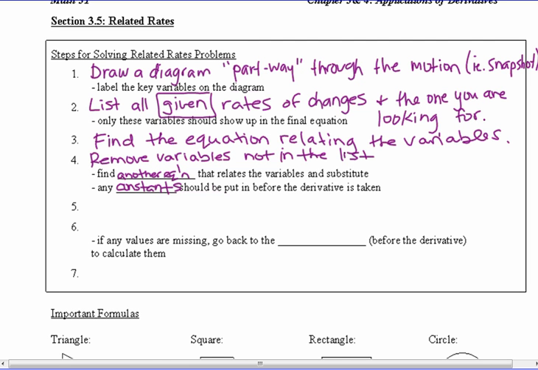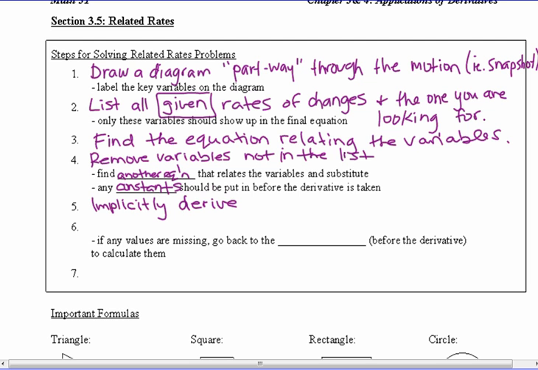Oh, snapshot, sorry. Okay, so then we are implicitly deriving. Implicitly derive, because you're always deriving with respect to time, right?